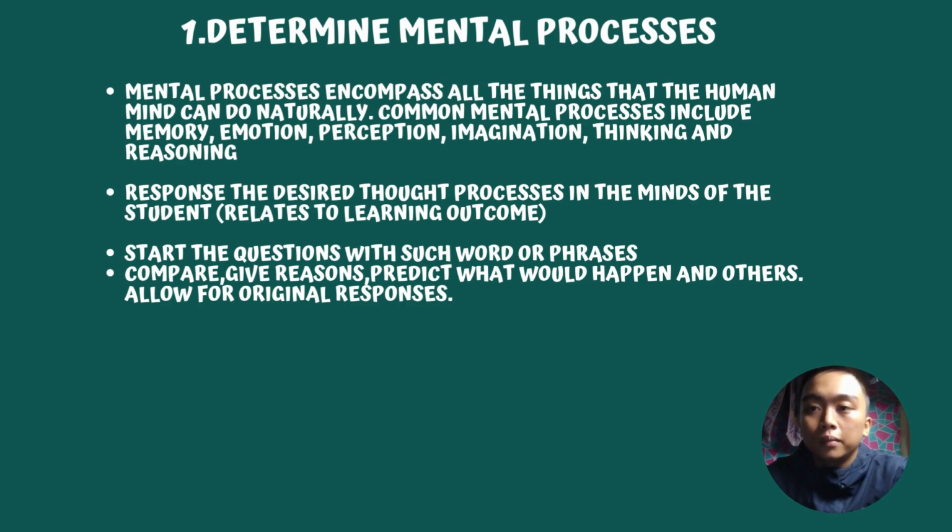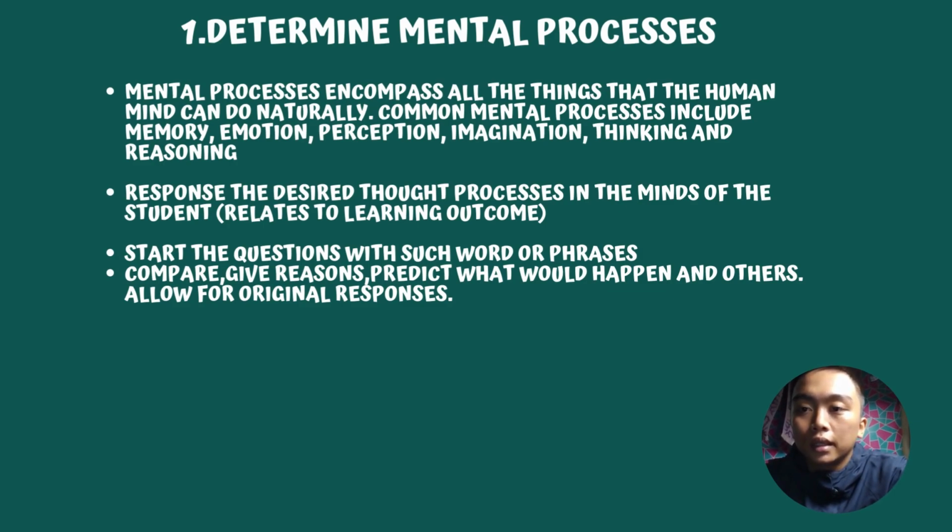Okay, firstly, determine the mental process. Mental processes encompass all the things that the human mind can do naturally. Common mental processes include memory, emotion, perception, imagination, thinking, and reasoning.